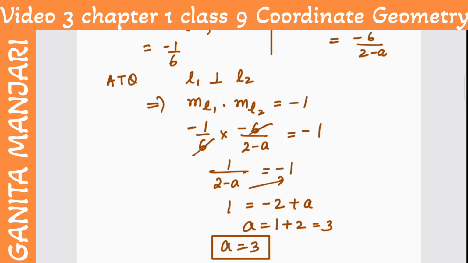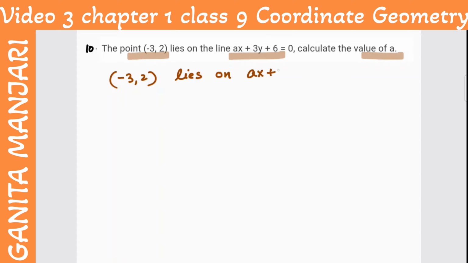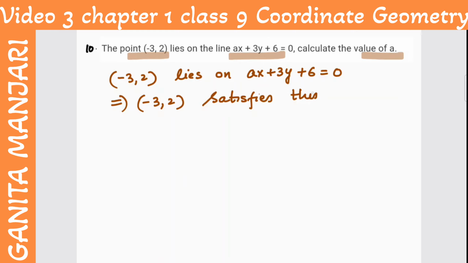This is the answer. Question number 10: the point minus 3, 2 lies on this line. Find the value of a. Now if any point lies on a line, it means it satisfies the equation. So minus 3, 2 lies on ax plus 3y plus 6 equal to 0, which implies minus 3, 2 satisfies the equation of this line, which means put x equal to negative 3 and y equal to 2.